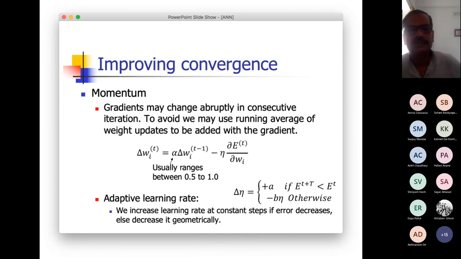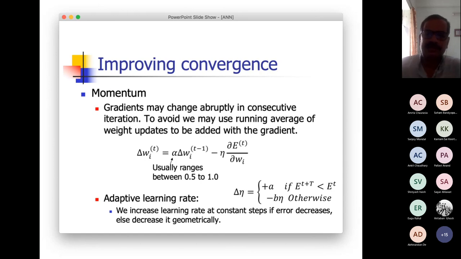Now there are some tricks when you are applying this process, or when you are doing the optimization, where some problems could arise. As you can see, gradients may change abruptly in consecutive iterations, and then convergence would be an issue.